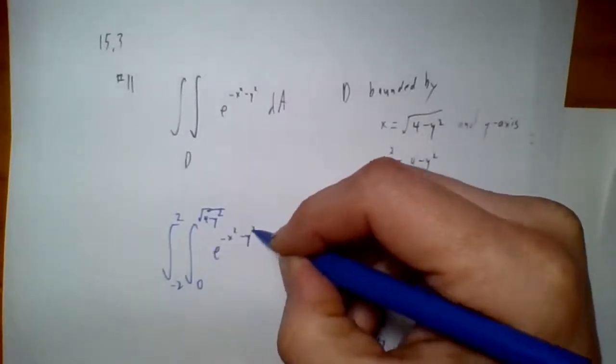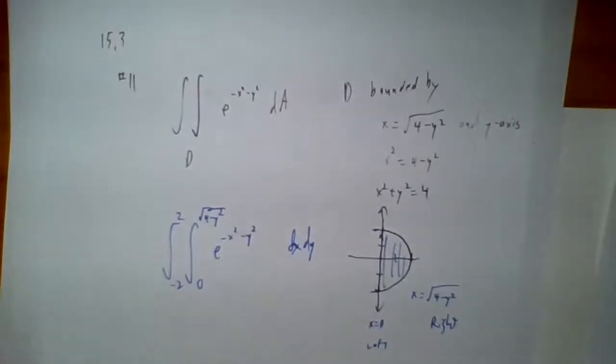I'm pretending this problem was in 15.2 and setting it up as a double integral over a regular domain. There, that looks good as a setup for that thing. That would integrate that function, that surface, over that whole domain.